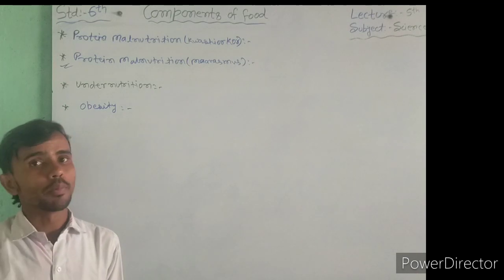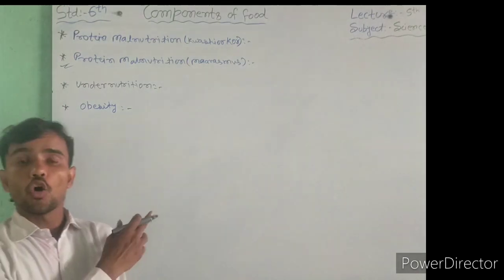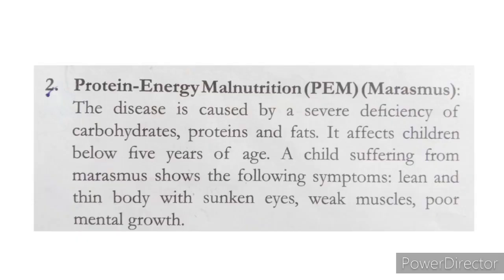Next, protein malnutrition, marasmus. You also write down in your copy with the help of the screen. That's protein energy malnutrition, PEM, that's marasmus.